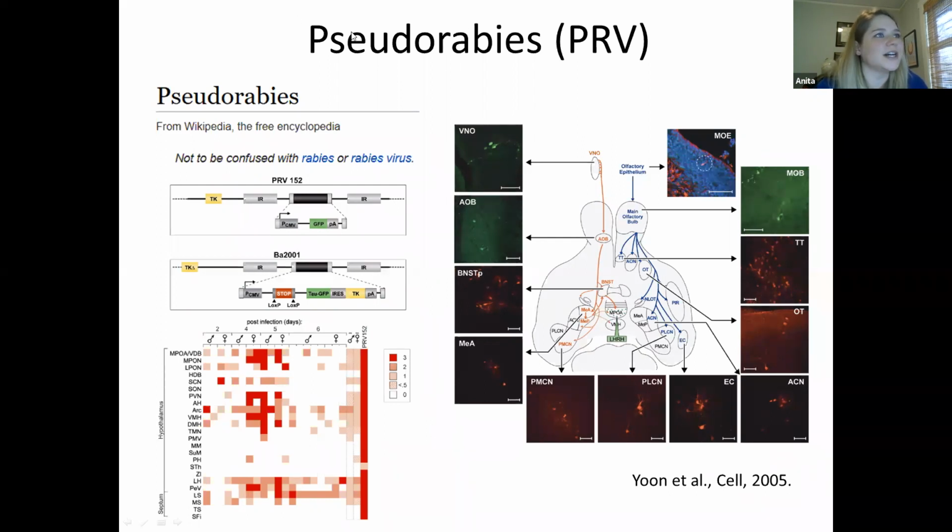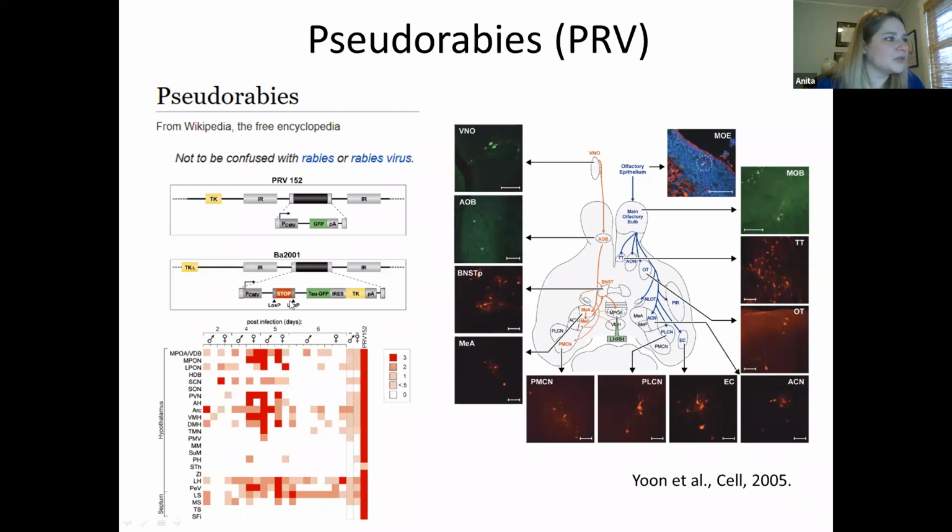It's pretty good if you want to do developmental tracing in young animals. It's not so bad, you kill them in a couple of days anyway. But if you're using them in adult mice, they can die very fast and you're not going to get expression long term.